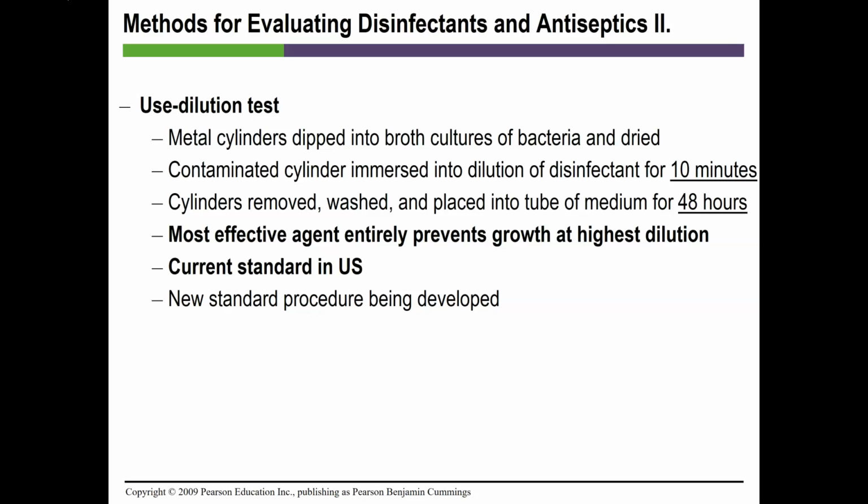The use dilution test is actually what the United States uses to evaluate disinfectants. To perform this test, little metal cylinders, imagine something that looks like a little pin, these pins used for clothing, are dipped into a culture of bacteria.